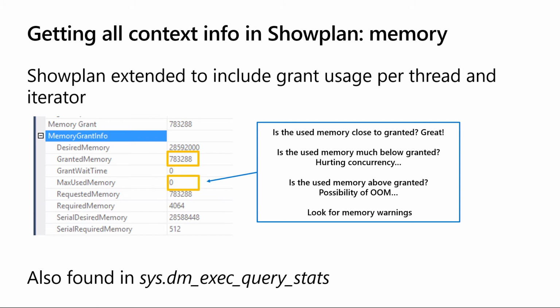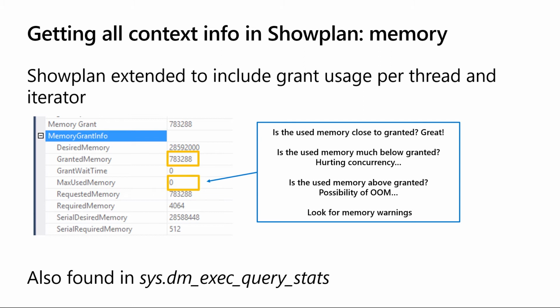But guess what? The granted memory means it's been reserved for that execution, which means for my 10 gigabyte RAM server, I shouldn't be able to run more than 10 queries of these at the same time. But as I see here, they actually need a lot less memory. So if I'm able to reduce that, I'm now able to run a lot more of these queries concurrently.